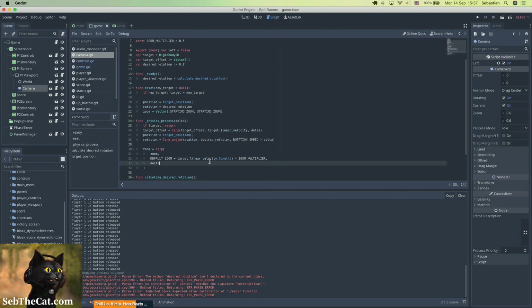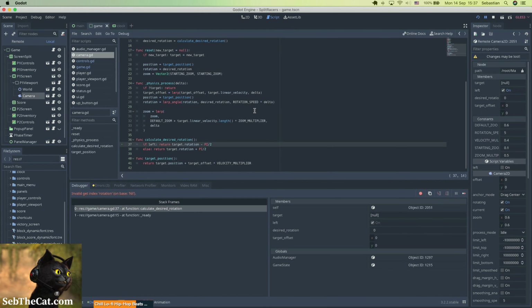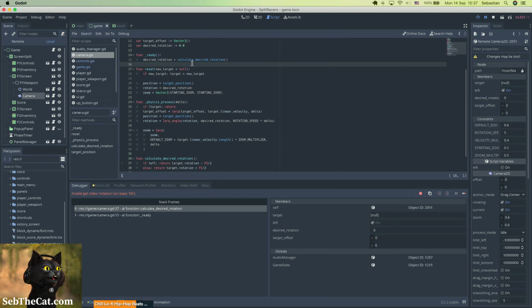Okay, so I think this is going to have the opposite effect. It's actually going to zoom in as we go faster. What happened? Side rotation. Ah, okay.